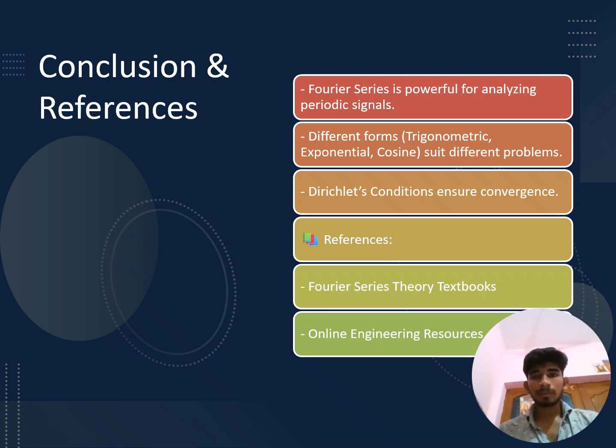Fourier series is powerful for analyzing periodic signals. The different forms, trigonometric Fourier series, exponential Fourier series, and cosine Fourier series, are suitable for different problems. Dirichlet conditions ensure convergence. The references are Fourier series theory textbooks and online engineering sources.